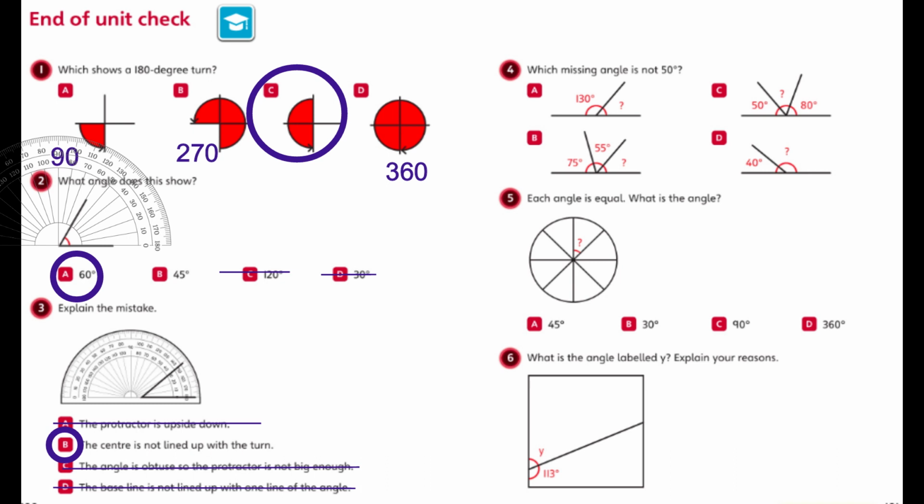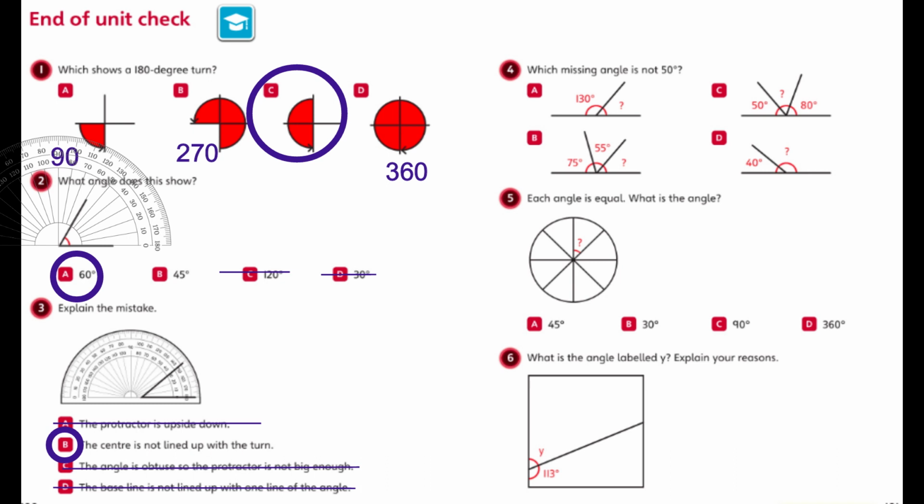So if we look at A, we see 130 plus blank. Well, if we add 50, we'd get to 180, so it can't be A. For B, we see 75 plus 55. That makes 130. So that means the missing angle would be 50 to add it up to 180. For C, we see 50 degrees and 80 degrees. Again, that adds up to 130, which means the missing angle is 50.